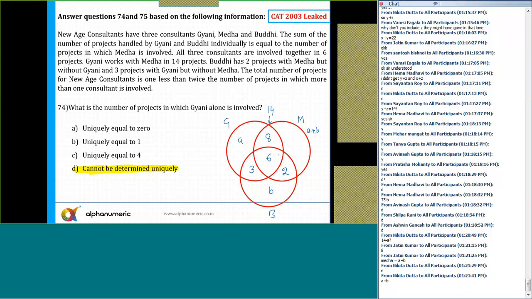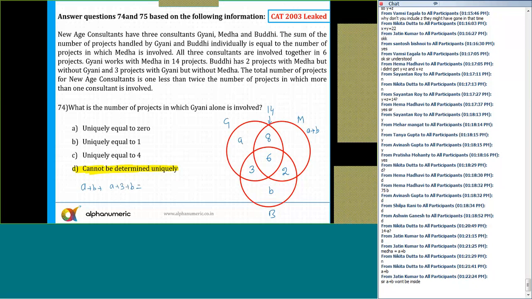And it also says in the last line, the total number of projects for new age consultant is one less than twice the number of projects in which more than one consultant is involved. So what is the total number of projects? A plus B plus A plus 3 plus B. Yes or no? Does it mention individually?